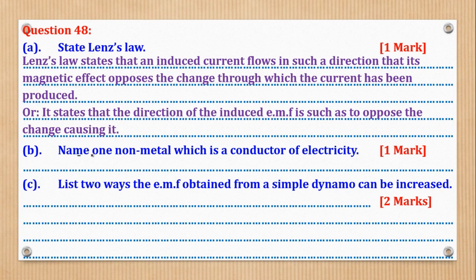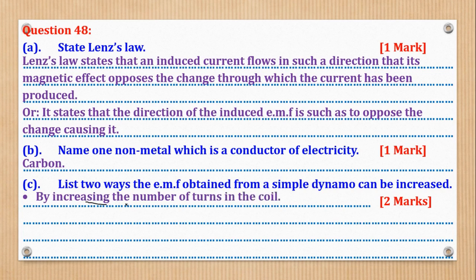Then part B, name one non-metal which is a conductor of electricity. So we only have one non-metal which is a conductor of electricity, and that is carbon. Part C, list two ways the EMF obtained from a simple dynamo can be increased.